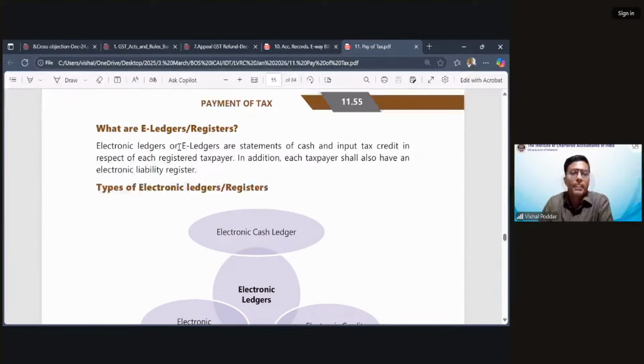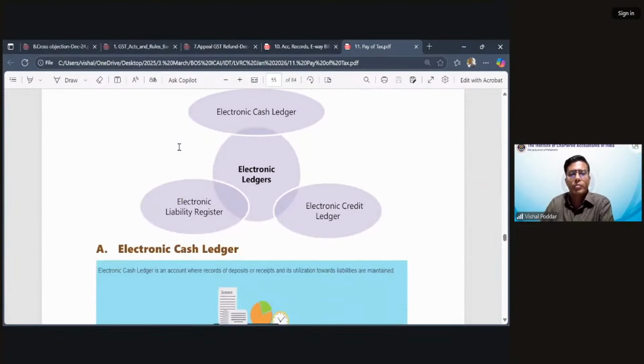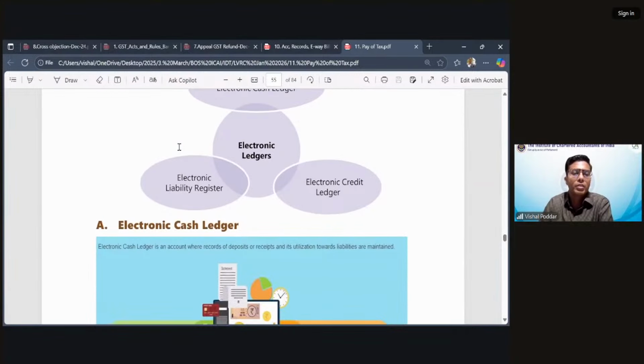These are electronic ledgers or e-ledgers, because they are maintained electronically. These ledgers are visible on your GST portal. When you log into your GST portal, you find these three ledgers: the cash ledger, the liability ledger, and the credit ledger.